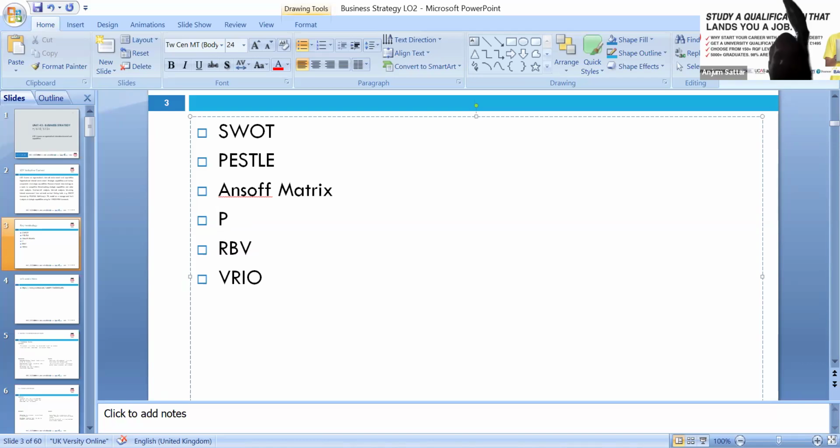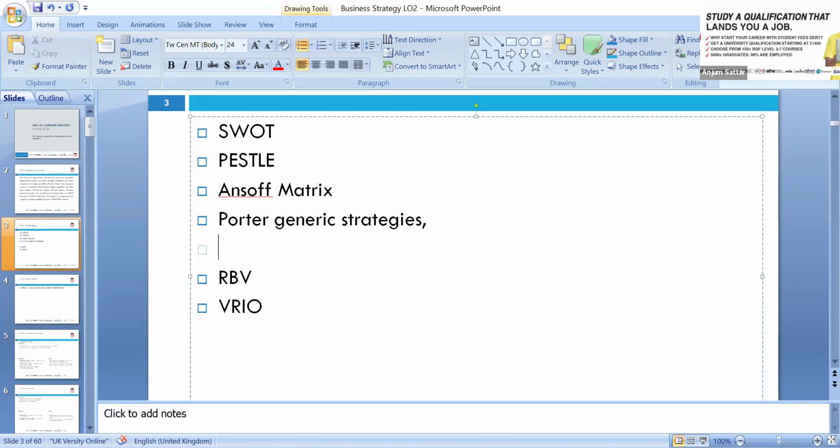Then we discussed Porter's generic strategies: cost leadership, cost focus, differentiation, and differentiation focus. We also discussed Porter's five forces model: bargaining power of customers and suppliers, competitive rivalry. So these we discussed in the previous lesson.